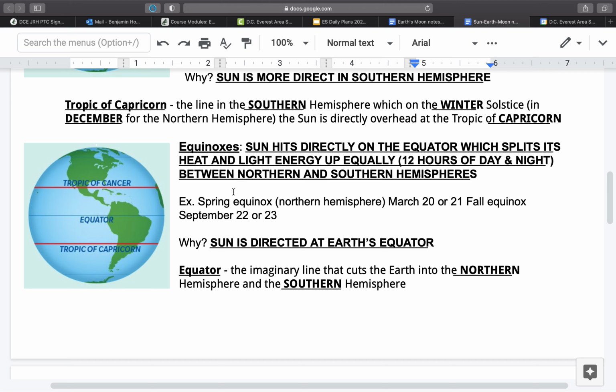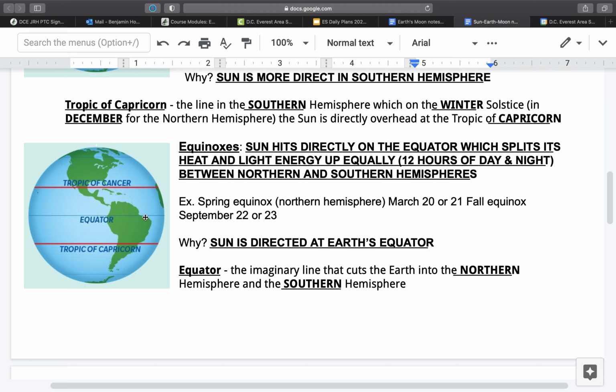So what I usually tell my students is when you think about an equinox, think of these three words that start with the letters EQ. When you have an equinox, the sun hits the equator, and that makes daytime and nighttime equal. So equinox, equator, equal. If you remember that, you'll be one step ahead of most.